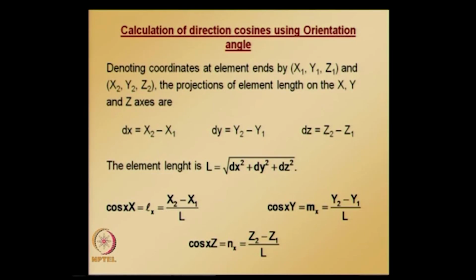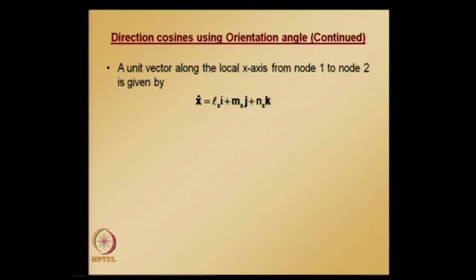The local x axis is defined connecting node 1, the end having coordinates capital X1, capital Y1, capital Z1, and node 2, the end having coordinates capital X2, capital Y2, capital Z2. So a unit vector along the local x axis from node 1 to node 2, using this Lx, Mx, Nx, we can write as this one.